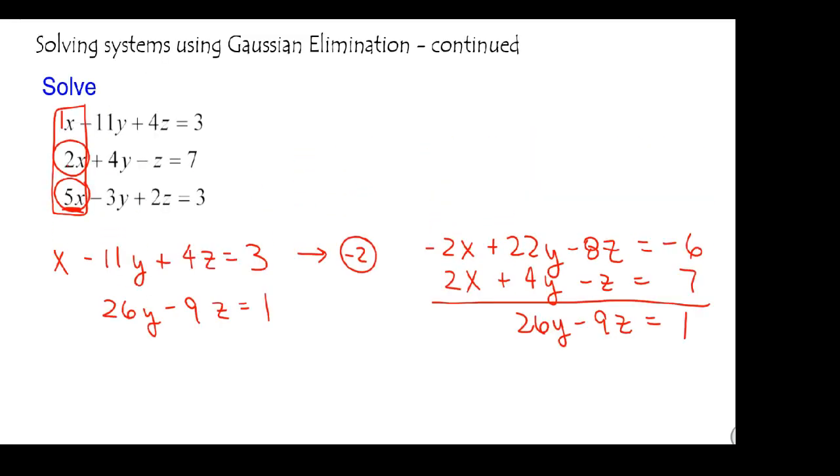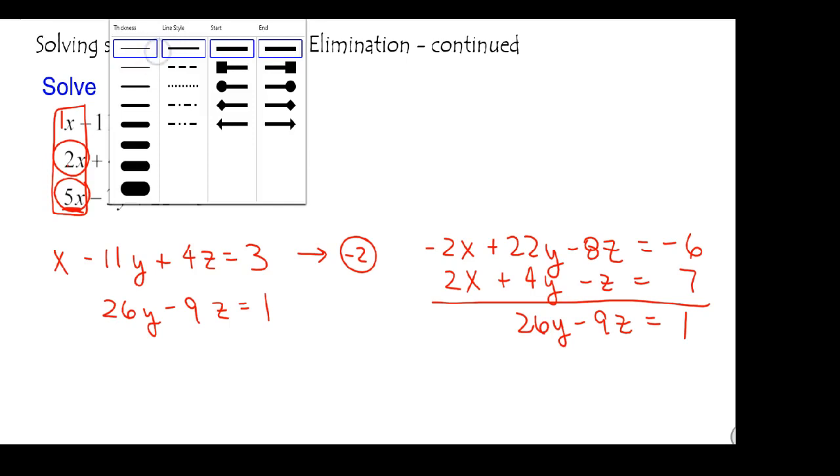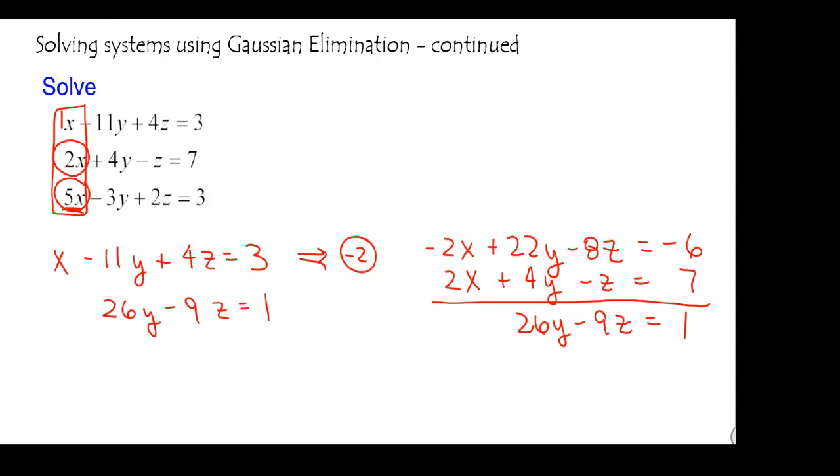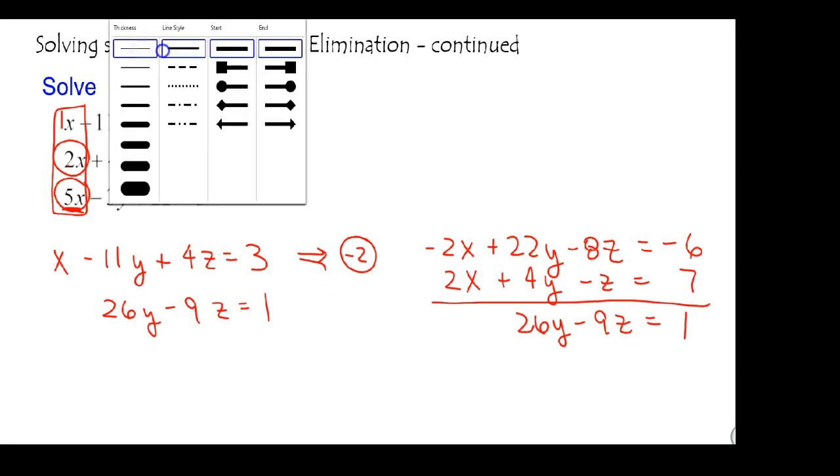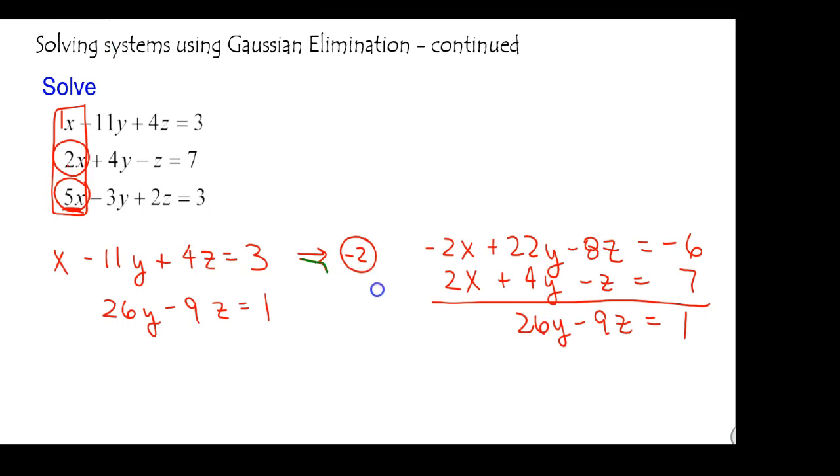So this time, I'll multiply my row 1 by a -5. So that gives me -5x plus 55y minus 20z is equal to -15.